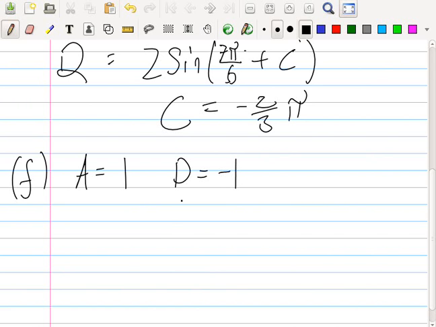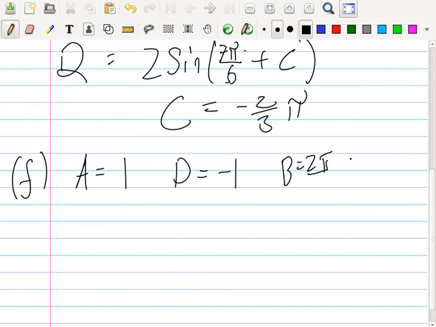Now time to get the B by using our formula. 2 pi over the length. Now if I look at this, can you look here? At minus 7 pi over 8, what do you have? You have a trough, don't you? And then if you look at pi over 8, what do you got there?